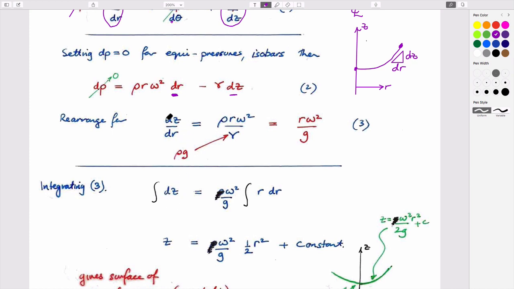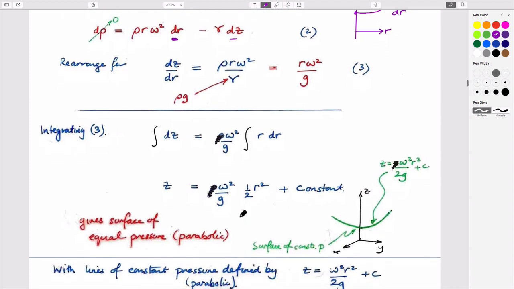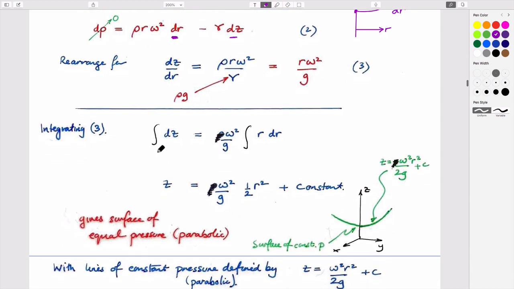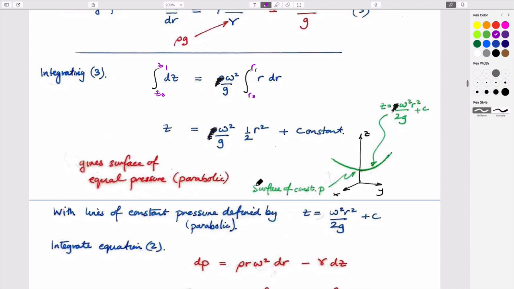So what we could do is rearrange this to get z on one side and r on the other. We do an integration. We could integrate it between z0 and z1, and r0 and r1, or we could just integrate it and get the constant. That's what we've done here. And we end up with an expression like this.